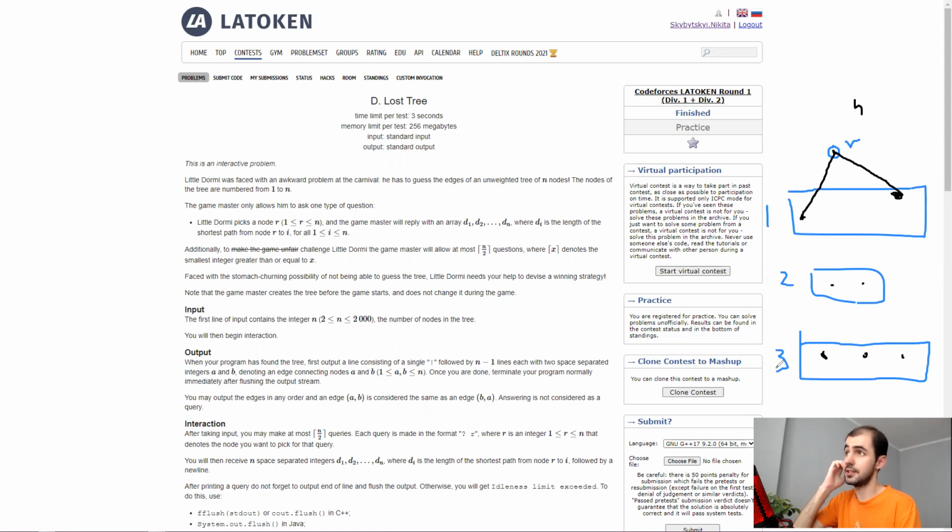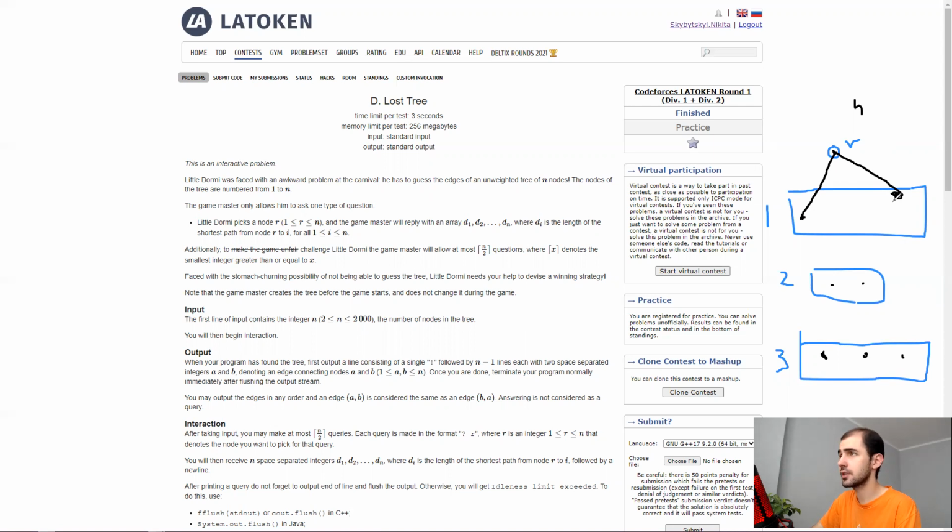But then I started thinking, I probably don't want to carry out some specific analysis on which edges go where, because that's going to take a long time. So what I maybe want to do instead is focus on the neighborhood of my root vertex, because we already figured out that whenever we ask about some vertex, we get all edges adjacent to this vertex.